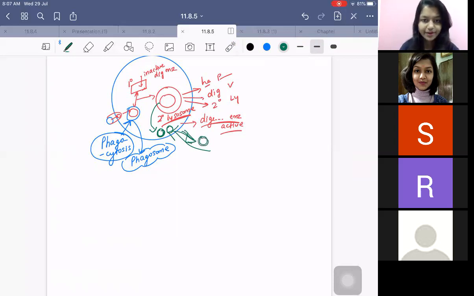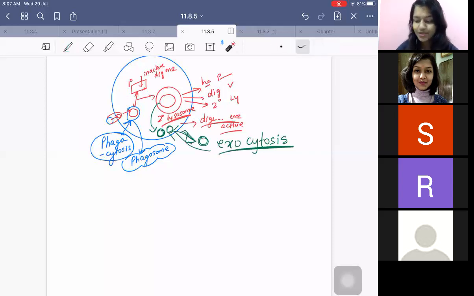You don't require it, right? It is waste, so you give it out of the cell. Giving out is what? Cell vomiting, right? It is coming out of the cell by exocytosis.